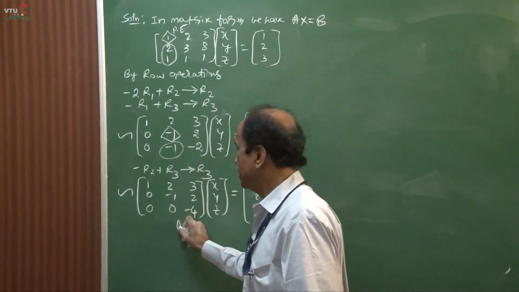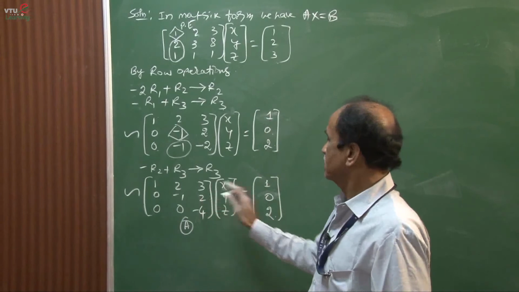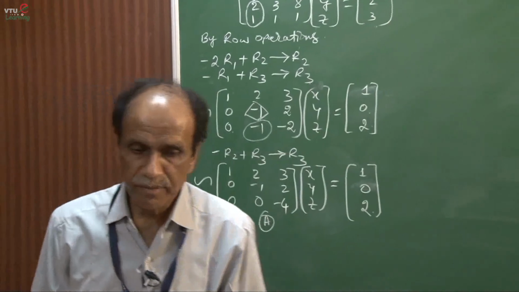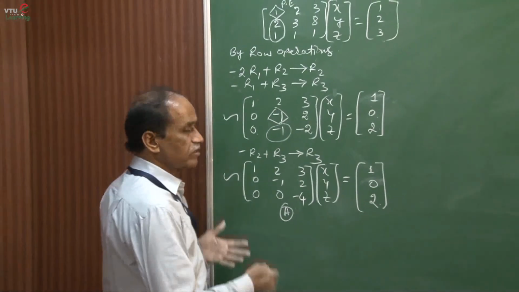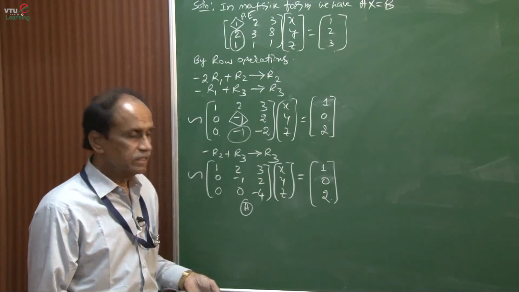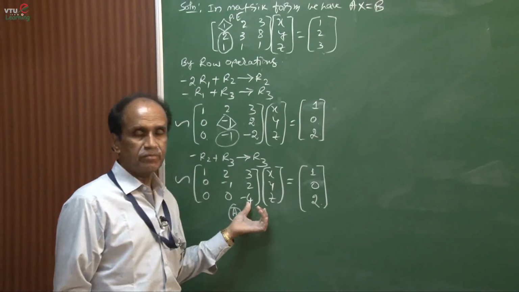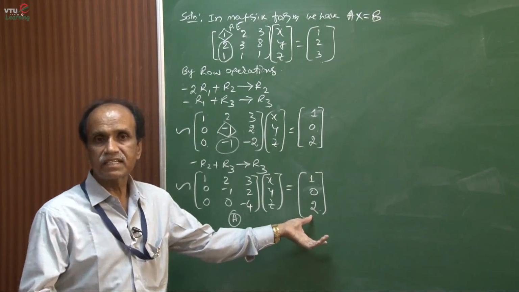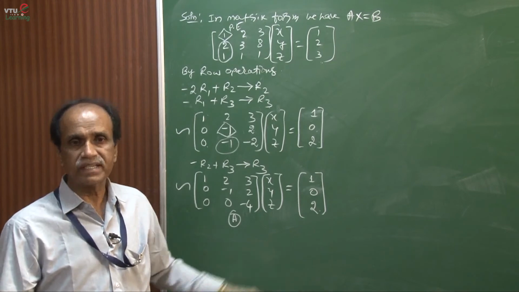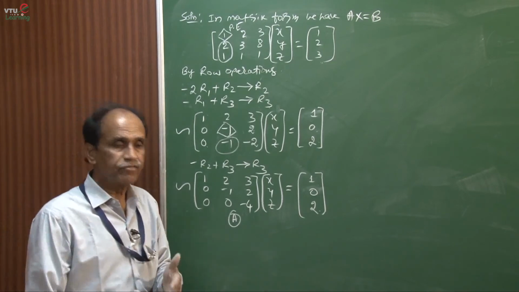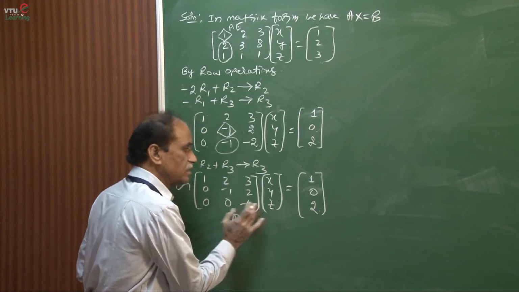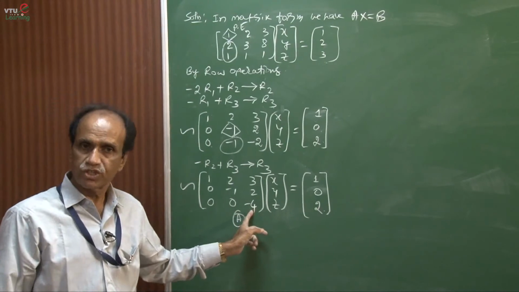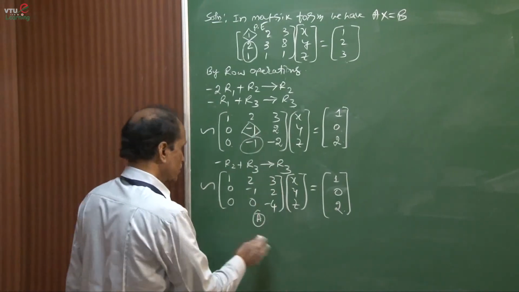This is anyway the coefficient matrix A, and if you insert this column as a fourth column, that becomes the augmented matrix. In the case of the augmented matrix, when the coefficient matrix itself has rank 3, the number of non-zero rows, the rank is 3 for the augmented matrix as well. Here this is a non-zero row. So now how are we going to claim?